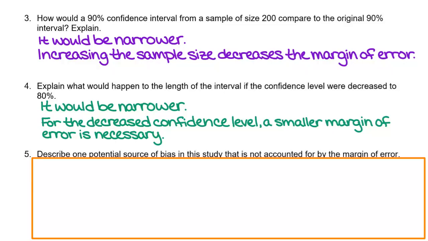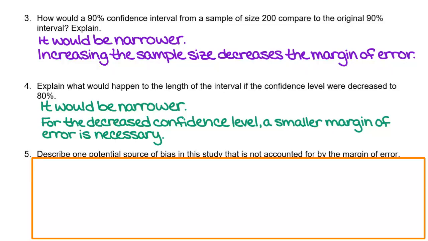It means that if I use the same process over and over and over, about that percent, whatever confidence level I chose, about that percent of those confidence intervals would capture the true population proportion. Does that make sense? I know there tends to be a lot of confusion about this because that word confident, when you're just talking like English language stuff, gets used in a lot of different situations.